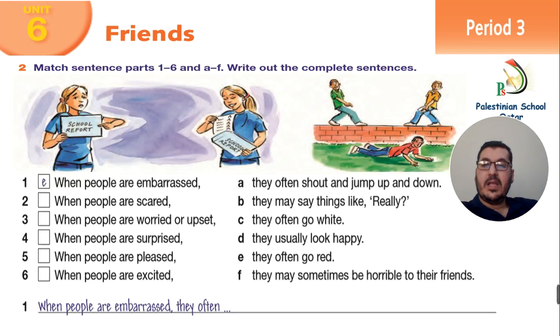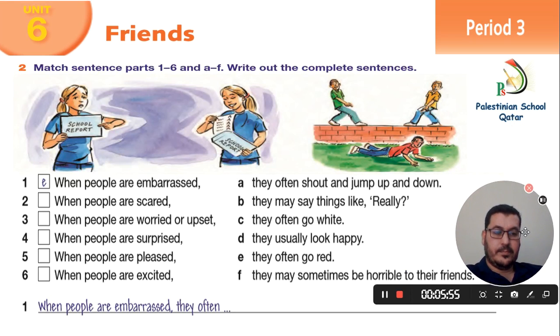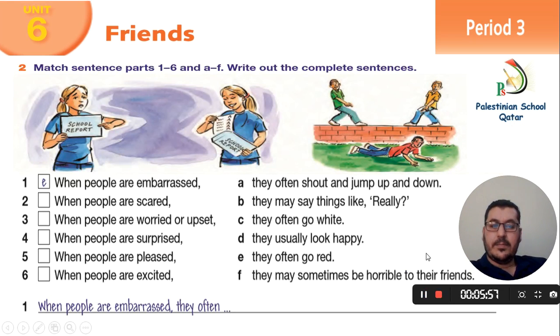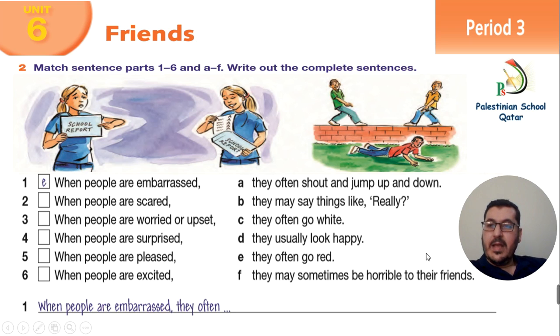Okay. Exercise 2, activity 2. Match sentence parts 1 to 6 and A to F. Write out the complete sentences. Now here we have 2 girls and here we have 3 boys playing.